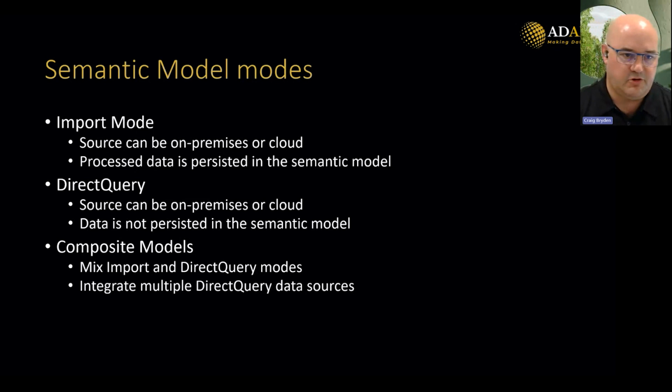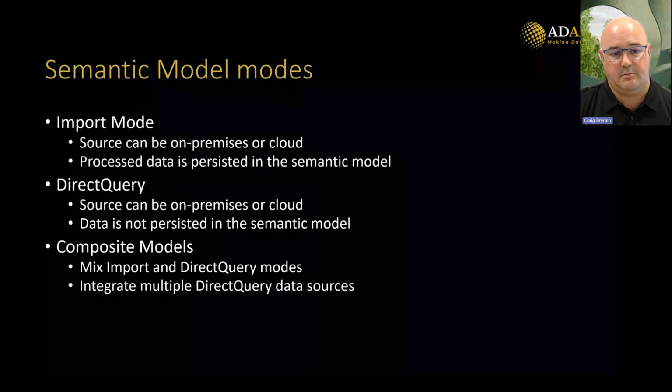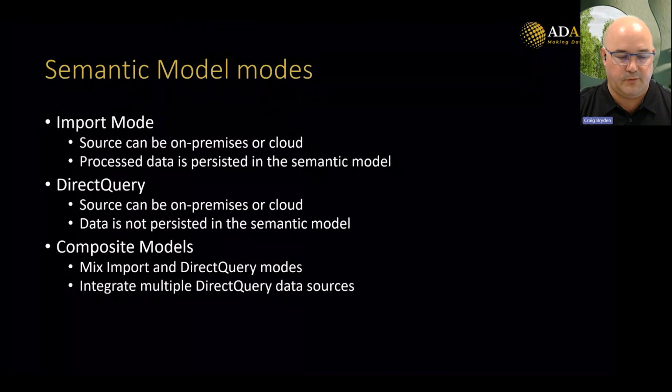But later Microsoft then introduced the composite models that were trying to give us the best of both worlds. So this allows you to mix imports in direct query mode. So a lot of your tables are not being updated every few seconds. Think about dimension tables. Maybe you've got transactional tables that are daily snapshots, and then you've got one or two transactional tables that actually are being updated every few seconds.